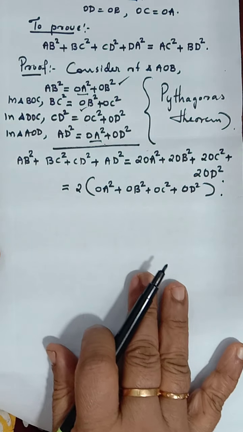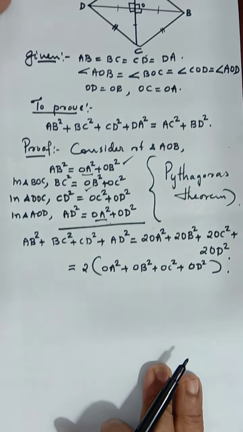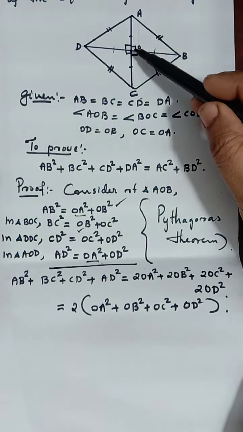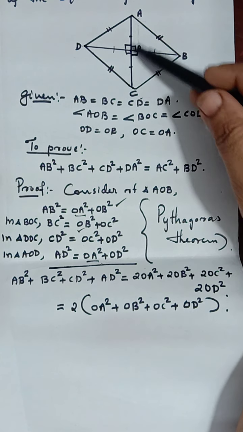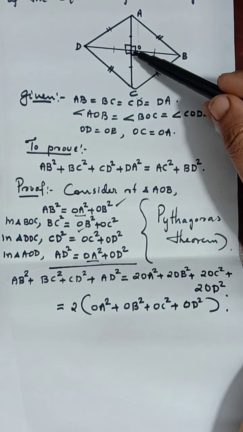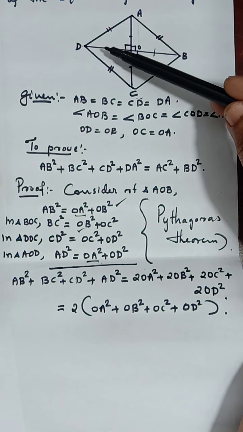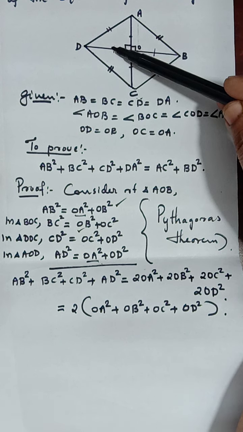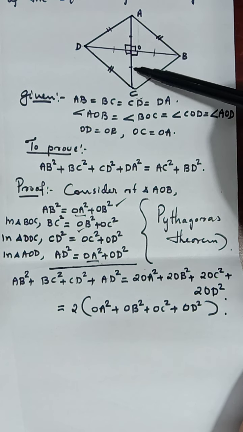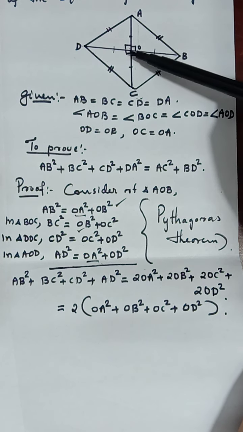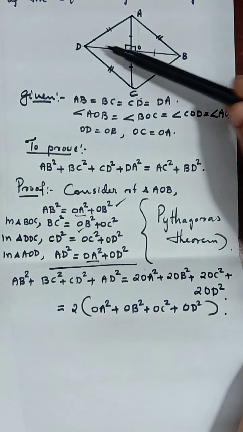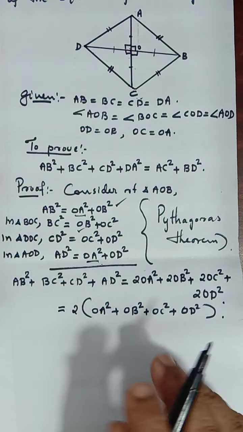You can see in the figure, OA is equal to half of AC, and OC is also equal to half of AC, because in a rhombus diagonals bisect each other at right angles. So OA equals OC, and OD equals OB.